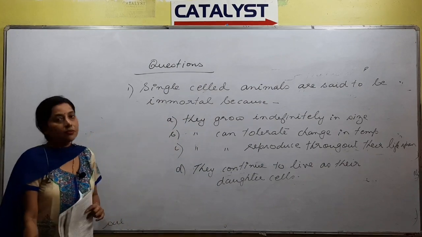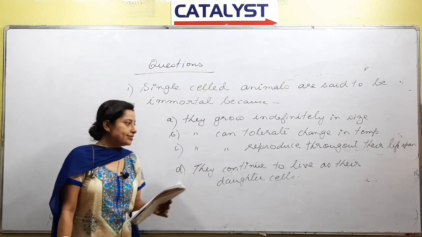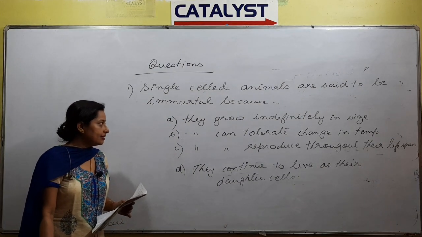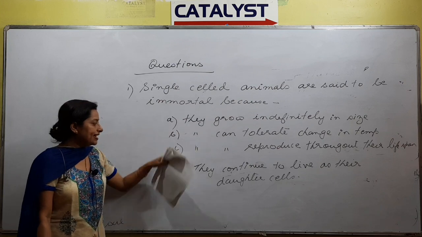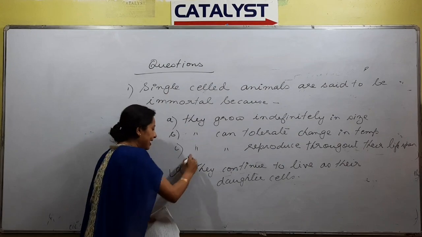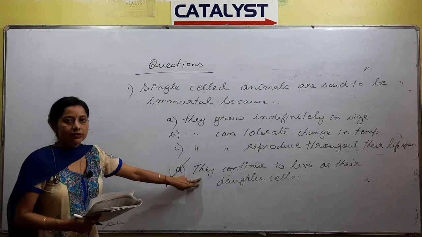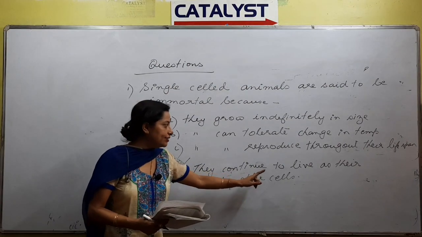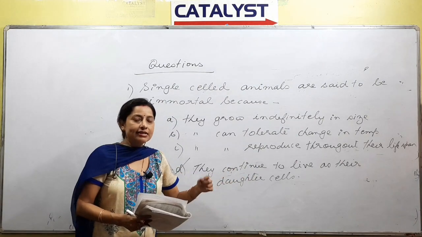So this is the question. You have 4 options. Answer. B or D. The last one, exactly. The answer is the last one. Since they can continue living as their daughter cells, they are said to be immortal.